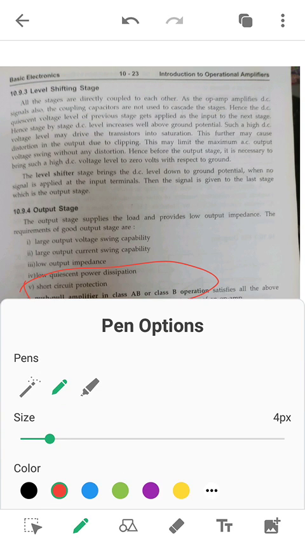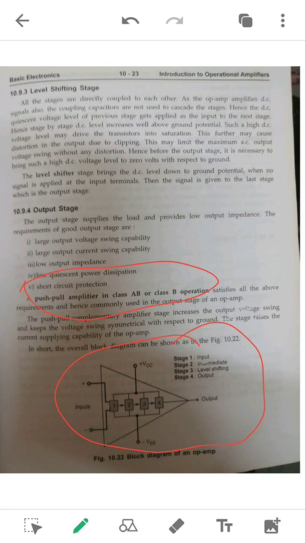So refer to figure 10.22. That is the block diagram of an op-amp. Here you can see plus VCC and minus VEE, with the plus sign and the minus sign. These two are the inputs to the differential amplifier. Then the fourth stage is the output.